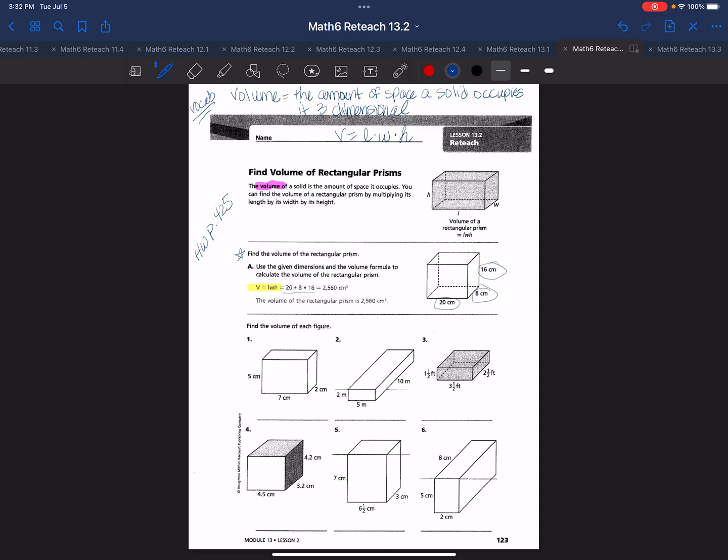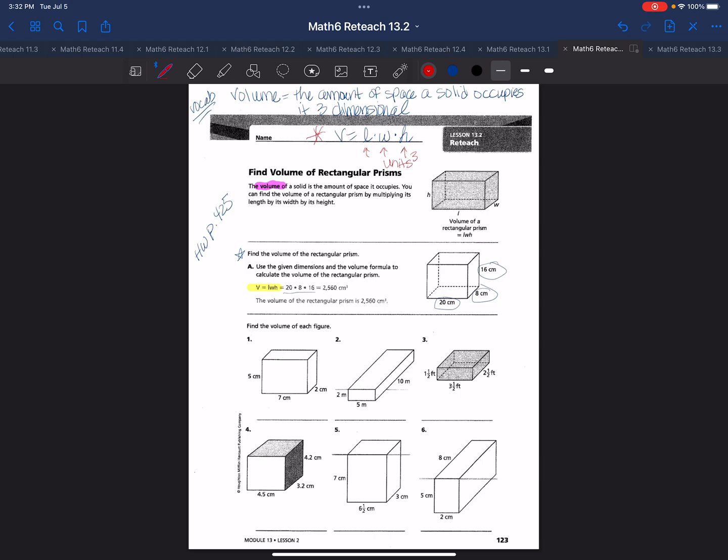Because this is a three-dimensional object, we have 3 dimensions: length, width, and height. That's why our answer must be in units cubed when we are dealing with volume.